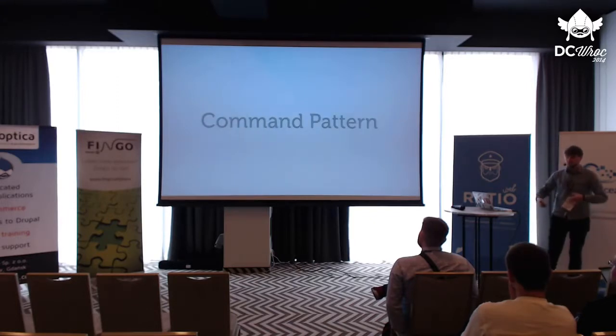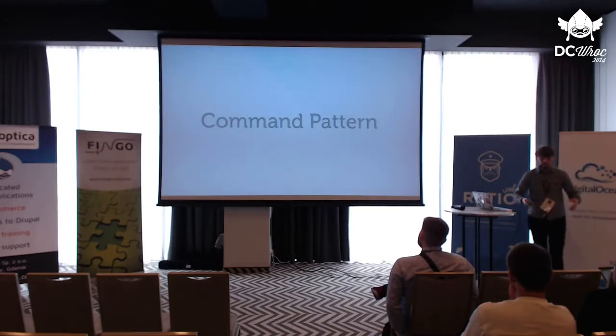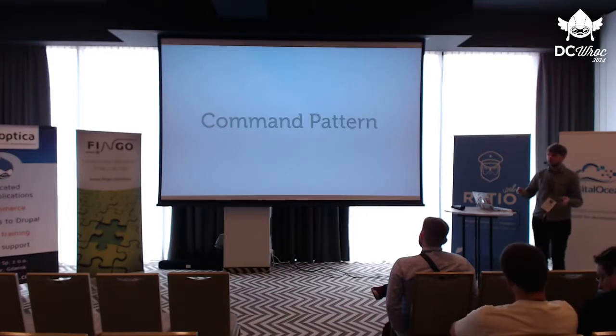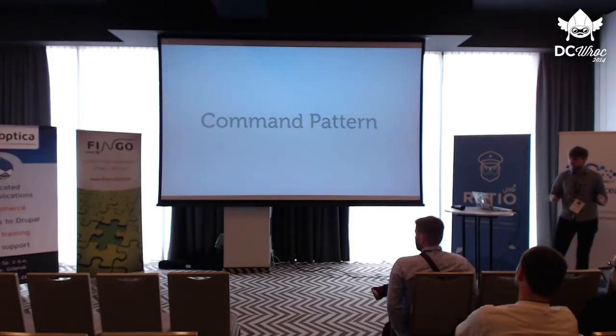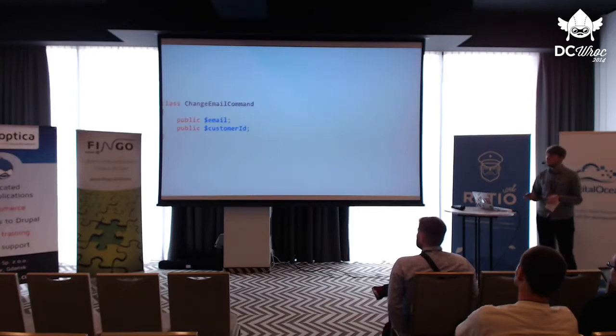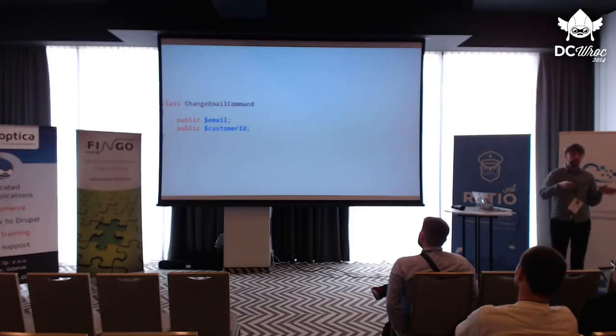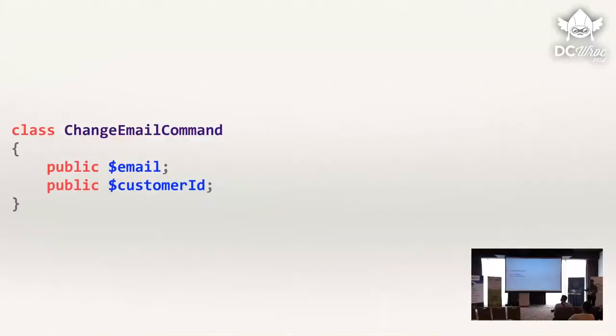So how can we make sure that our objects are always in a valid state? We can use a command pattern, which is again a really simple thing. So we want to change the user's email. We just write a command, ChangeEmailCommand, with email and customer ID.